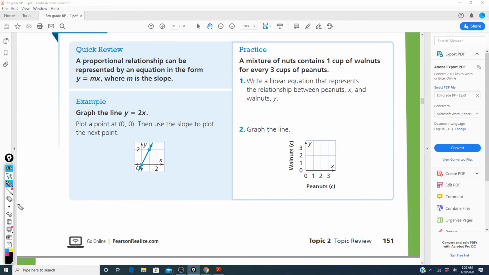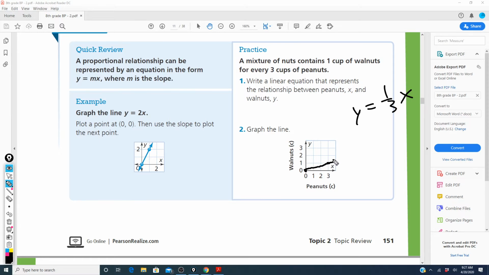Finally, if we want to graph this line of y equals 1/3 x, you're going to start at 0 because you don't have anything yet. Your change in y, you go up 1 and then over 3.